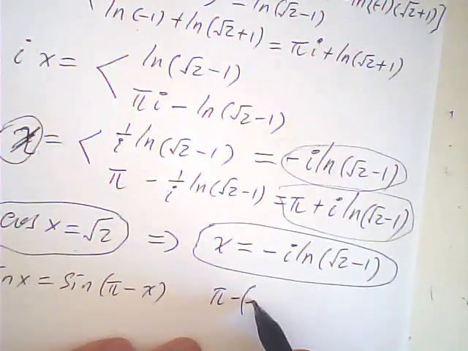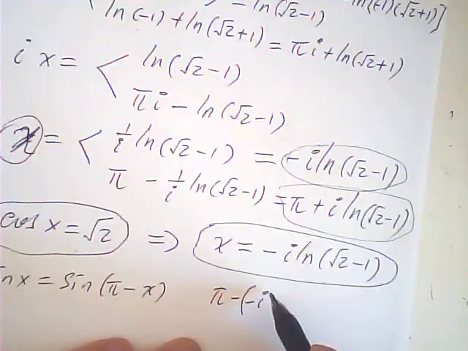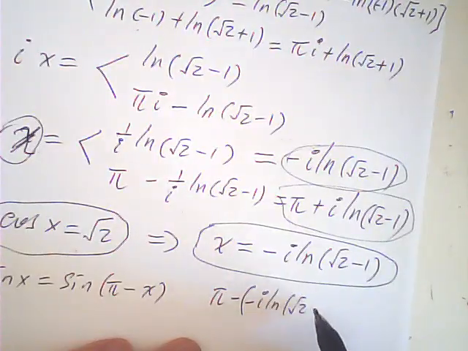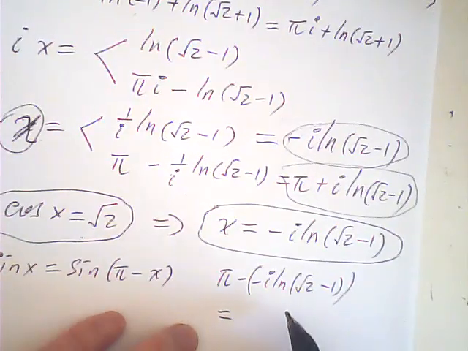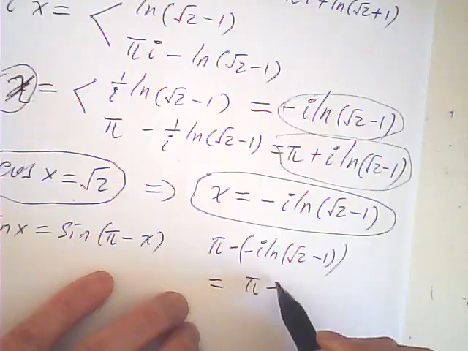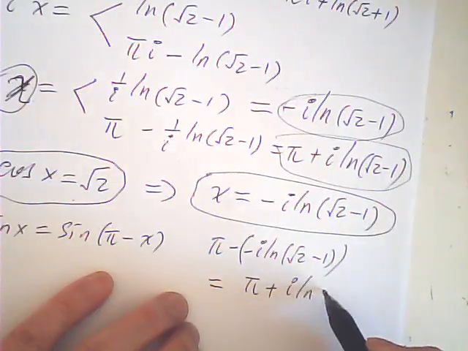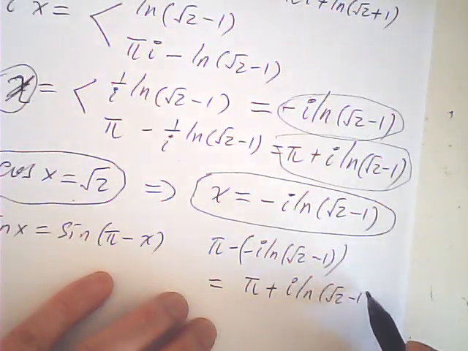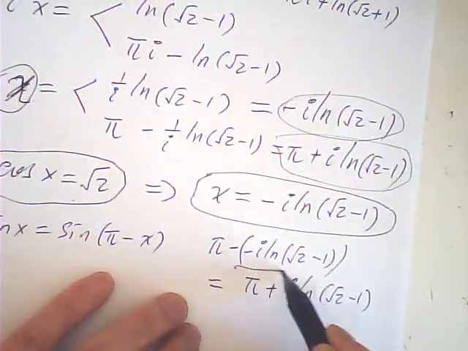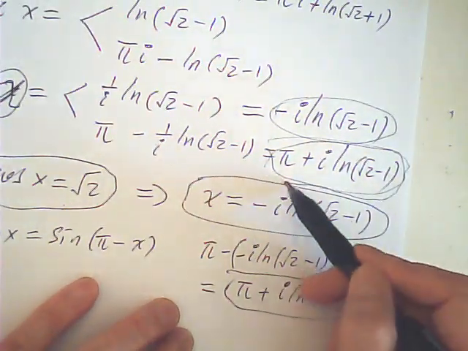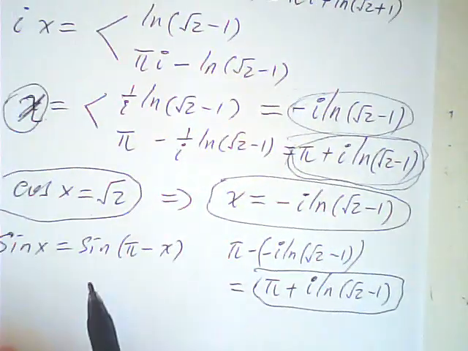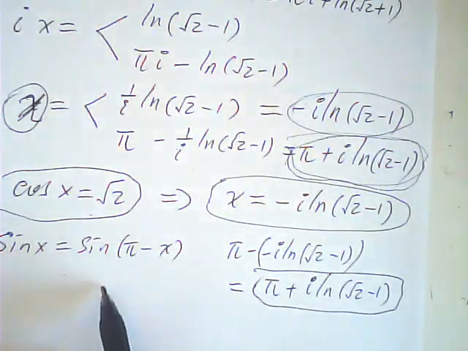That is minus this root 2, which is exactly equal to pi plus i log root 2 minus 1. See? So this result can come up when I consider the second quadrant later.